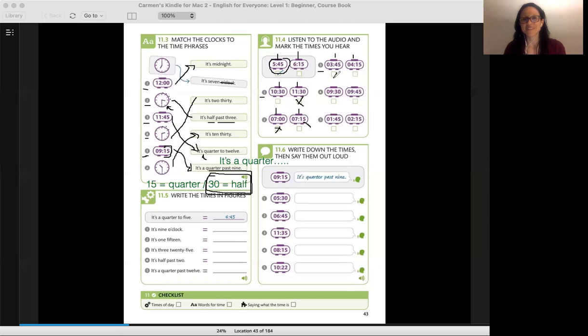Yeah, it's this one. It's a quarter to 4. We have another quarter, or 15 more minutes, till we get to 4 o'clock. We can also say it's 3:45. This one here, we say it's 4:15.